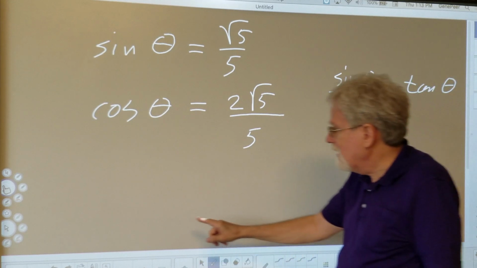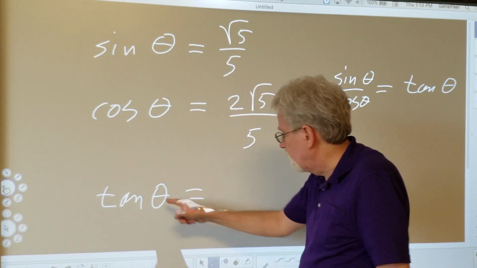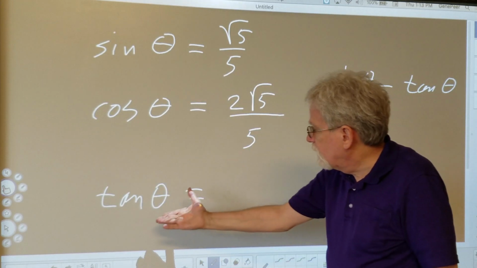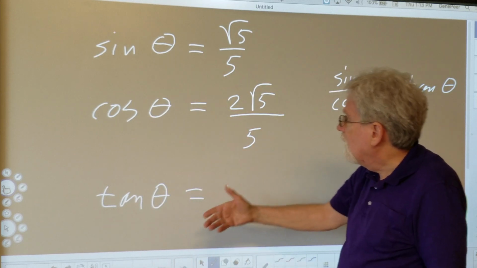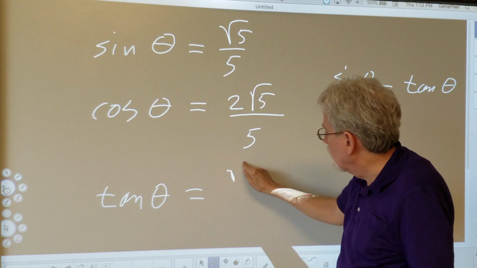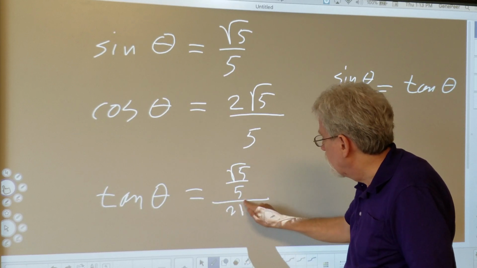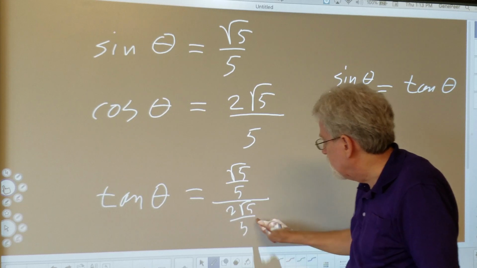So to find the tangent of my mystery angle, I simply put sine over cosine. I put square root of 5 over 5 over 2 square root of 5 over 5.